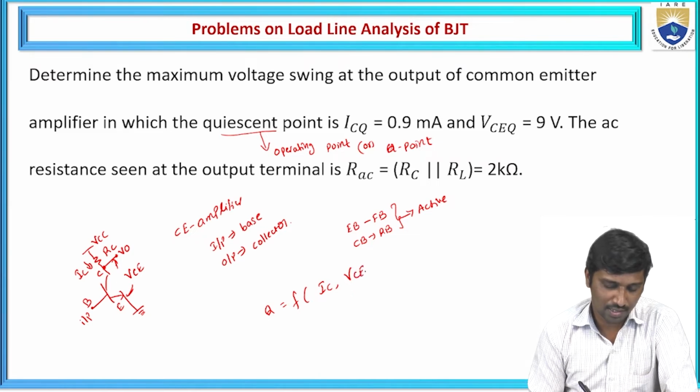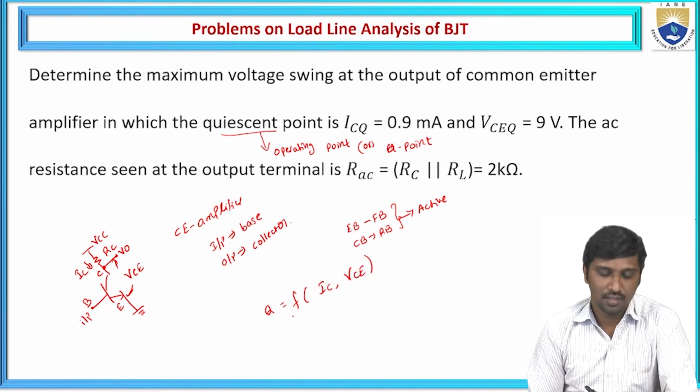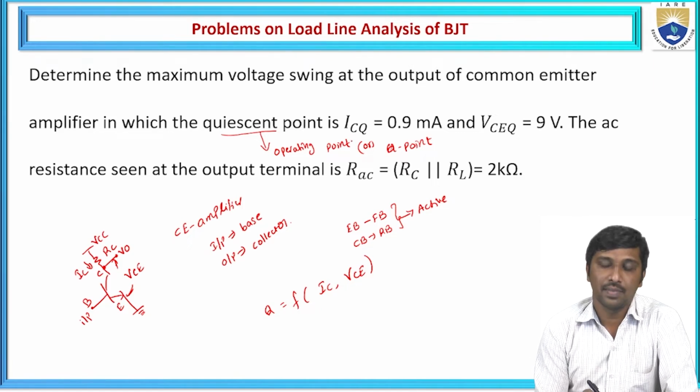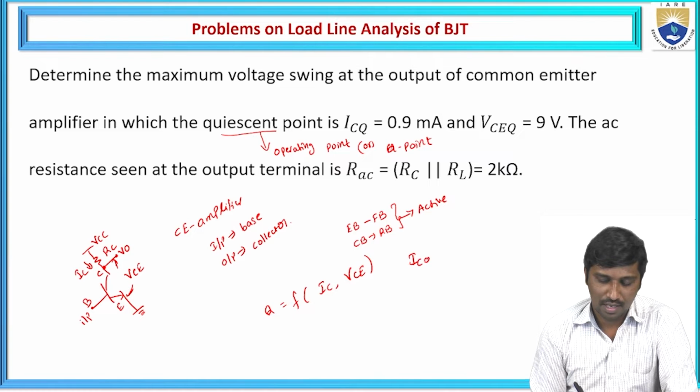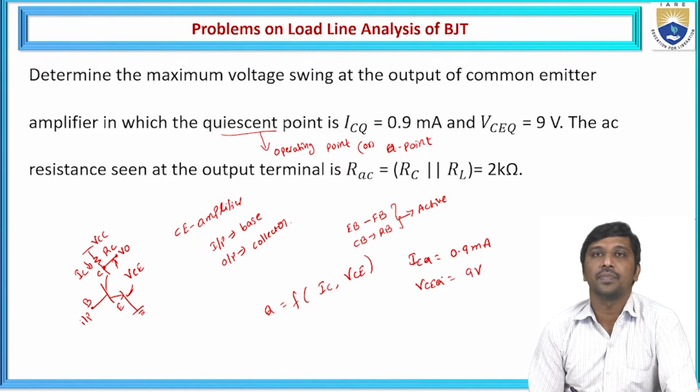Hence, the operating point is a function of IC and VCE. In the problem statement, the ICQ value is 0.9 milliamperes and VCEQ is 9 volts.